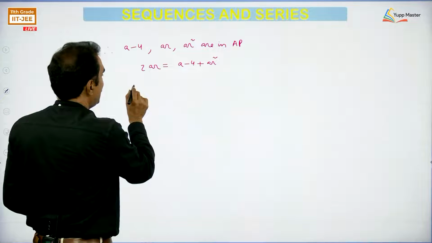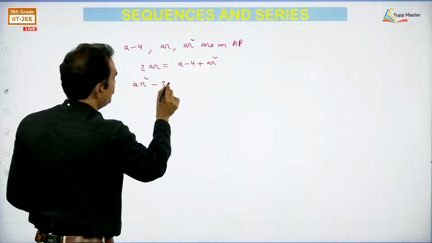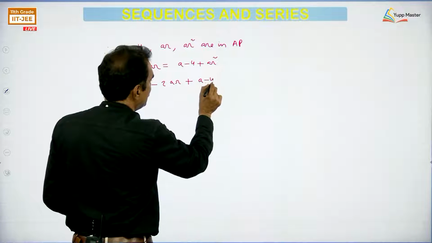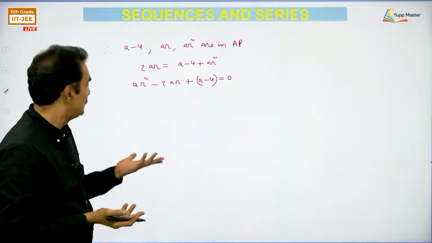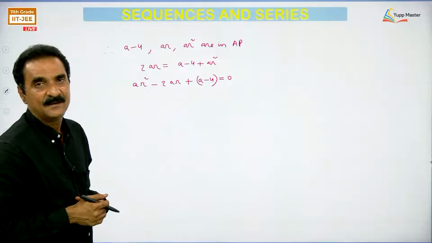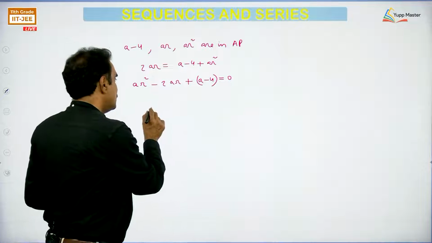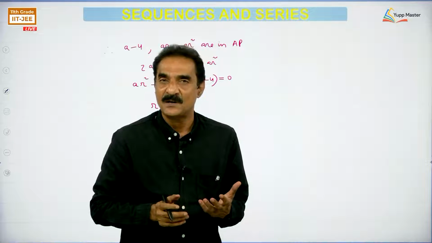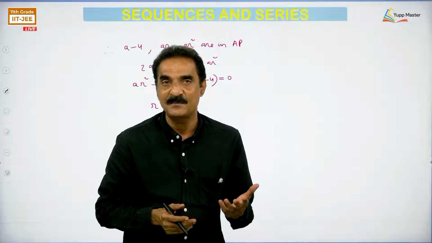First, let us write ar square minus 2ar plus a minus 4 is equal to 0. I am writing it as a quadratic equation. Okay. Now we can't factorize it, so what do we do? We calculate the values of r by the formula of roots of a quadratic equation, minus b plus or minus root of discriminant by 2a.